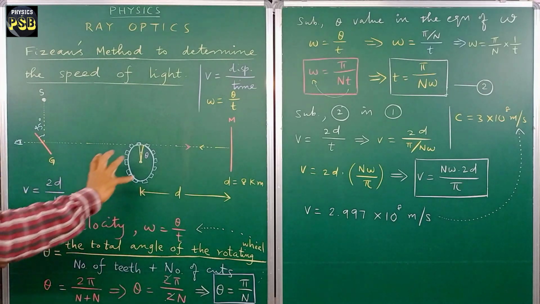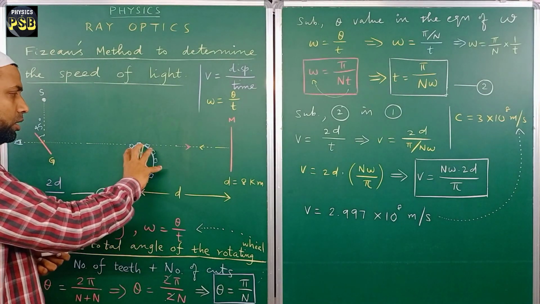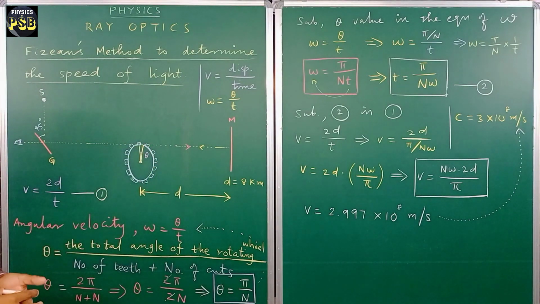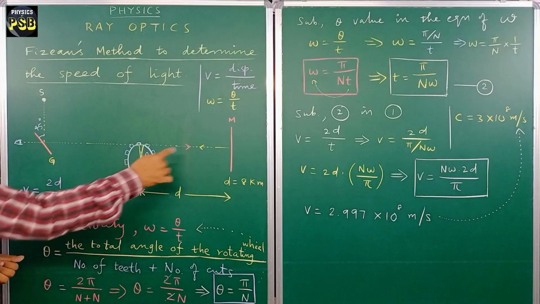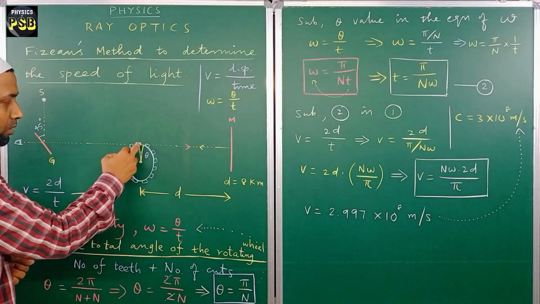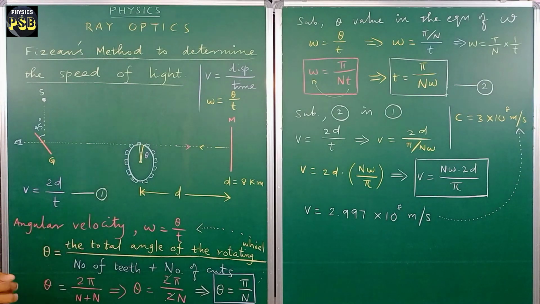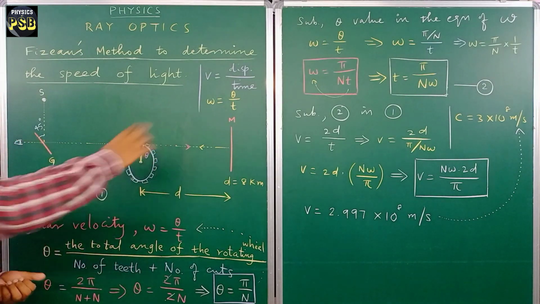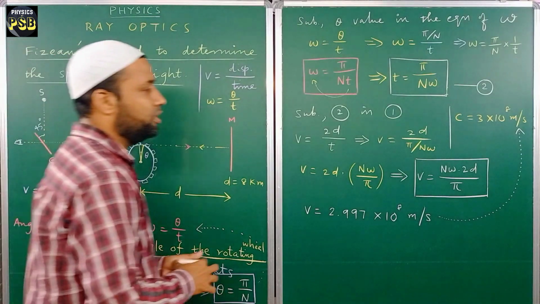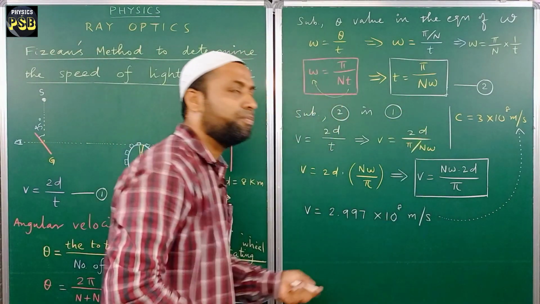But here, the angular velocity of this wheel is adjusted in such a way that the reflected ray is blocked by the tooth present next to the cut through which it passed earlier. By doing so, the velocity of light is obtained with the help of this equation.